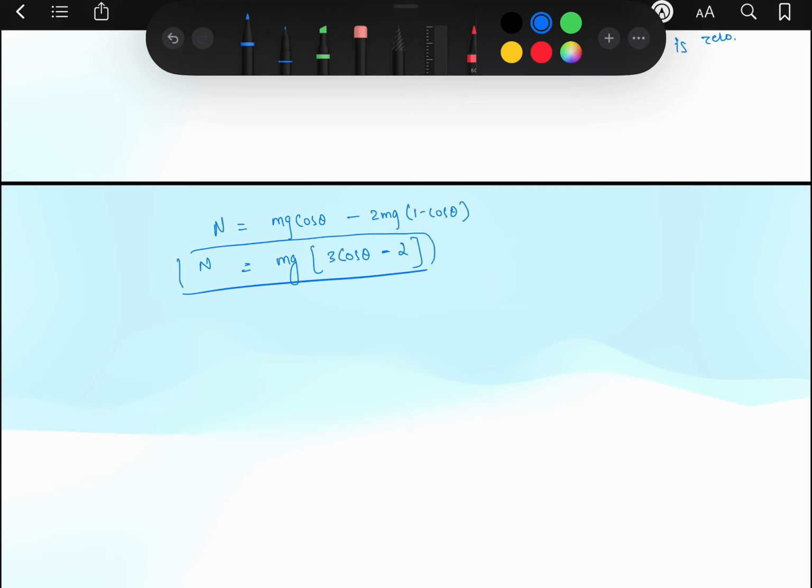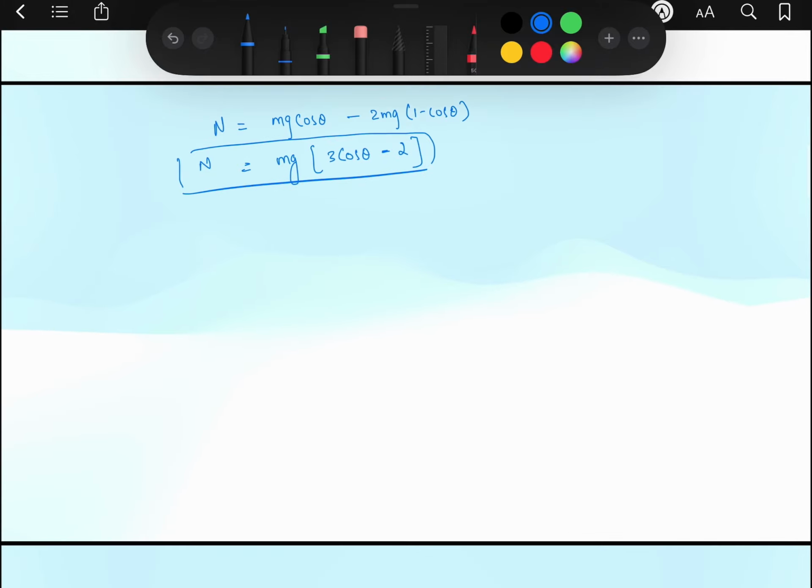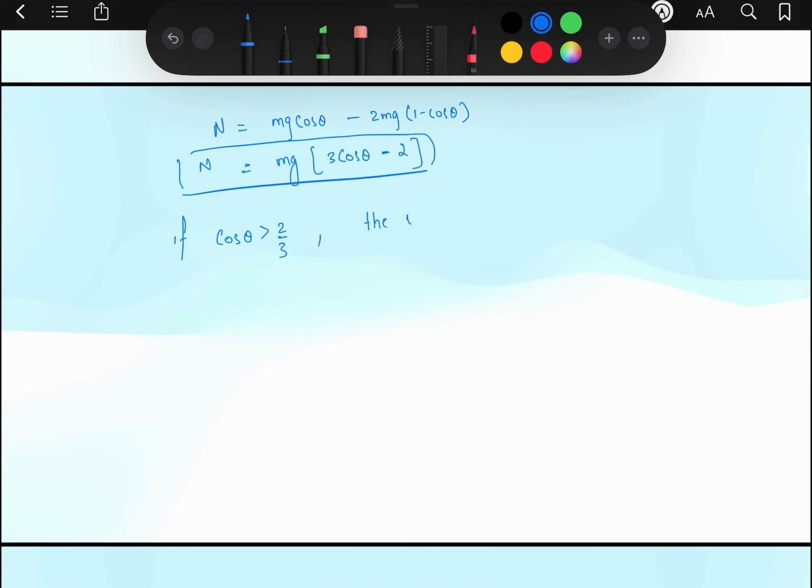So here I can clearly say that if our cos theta is greater than 2 by 3, then the value of normal will be greater than 0. That means it will be in the positive radial direction, plus r cap.